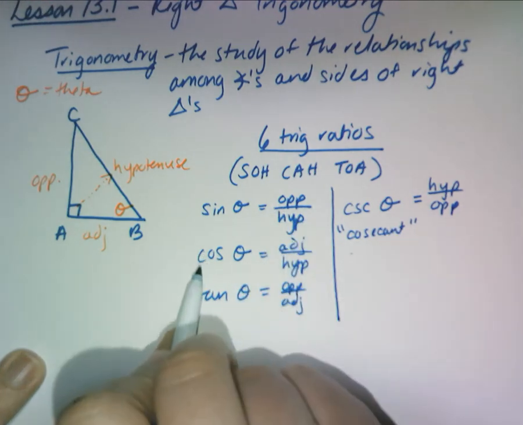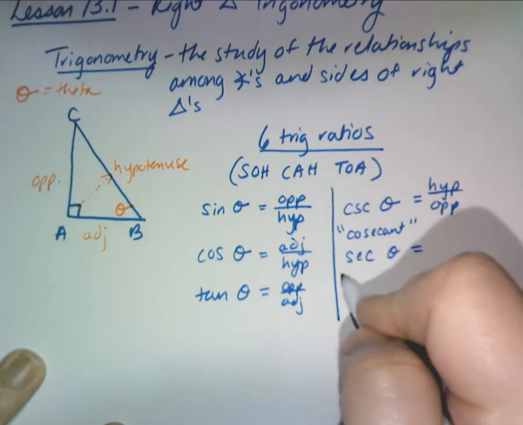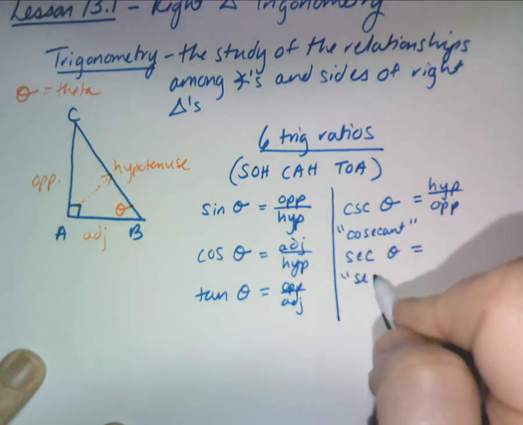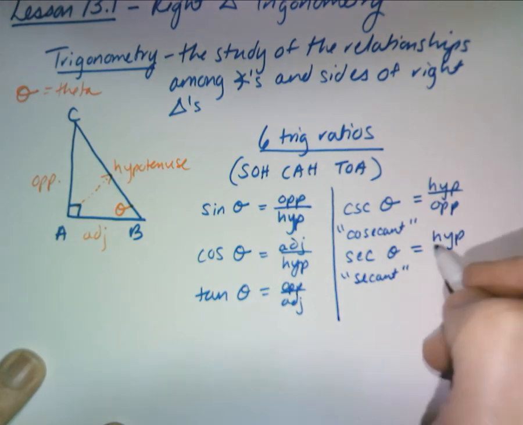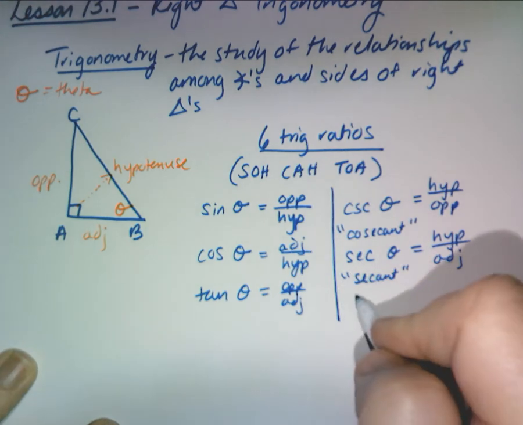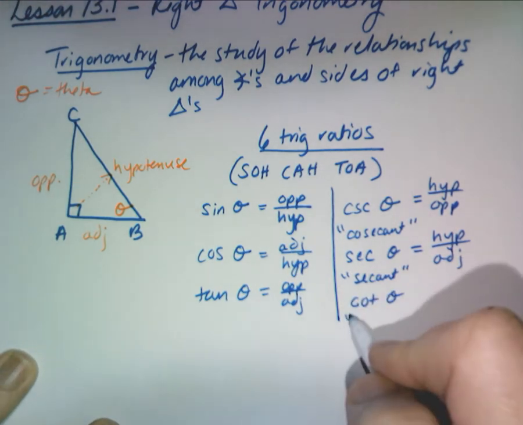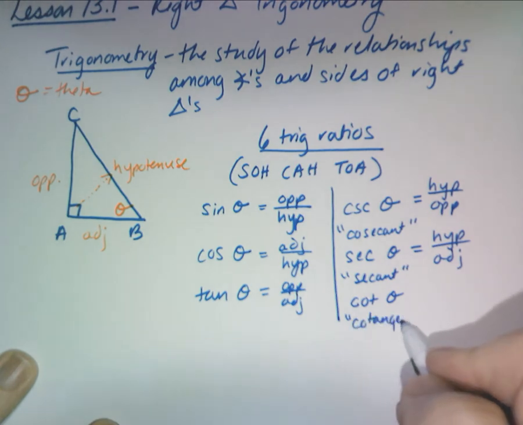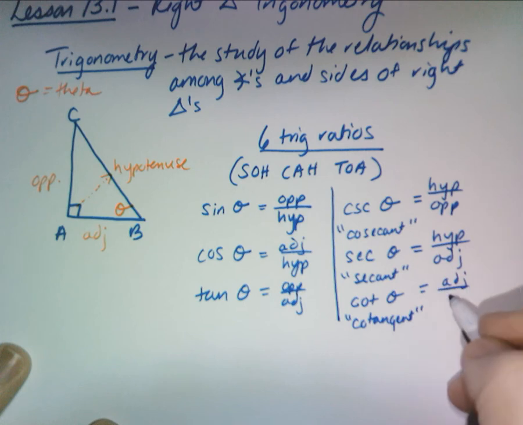The reciprocal to cosine is secant, abbreviated SEC. And that would be your hypotenuse over your adjacent. And then there's cotangent, abbreviated COT, cotangent. That is adjacent over opposite.